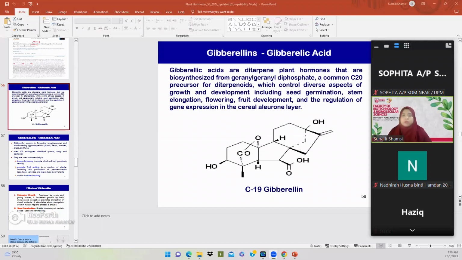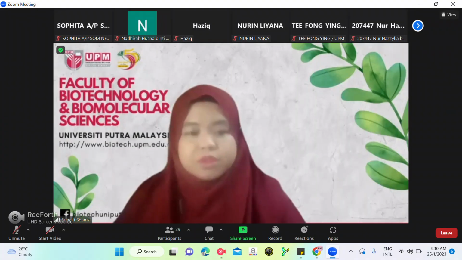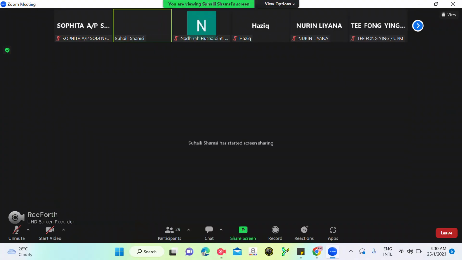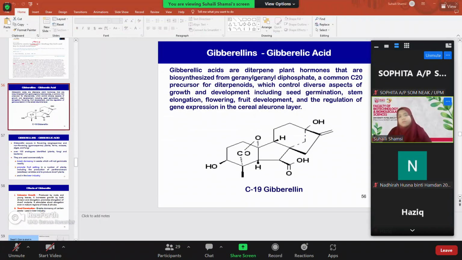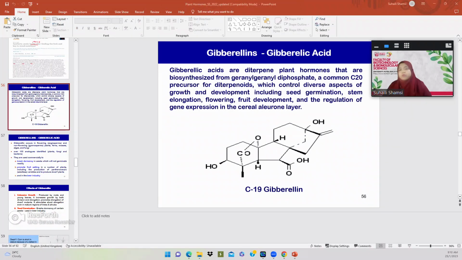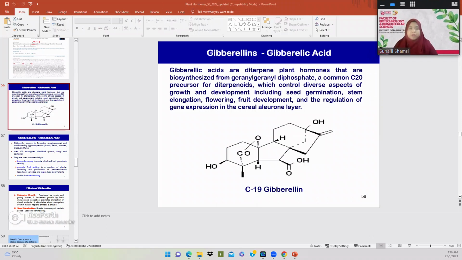So we're going to talk first on gibberellin, or gibberellic acid, and what is it about, why is it important, and how can we manipulate the gibberellic acid that we have in plant culture.